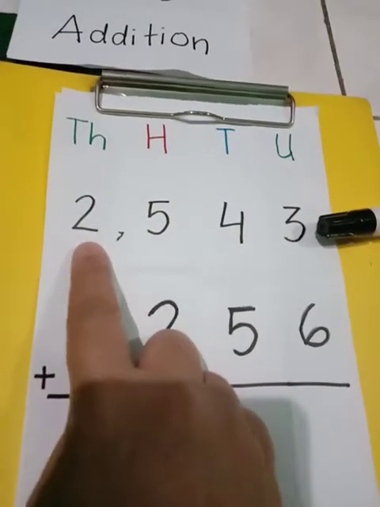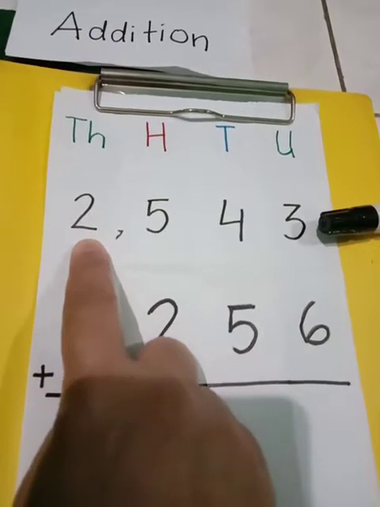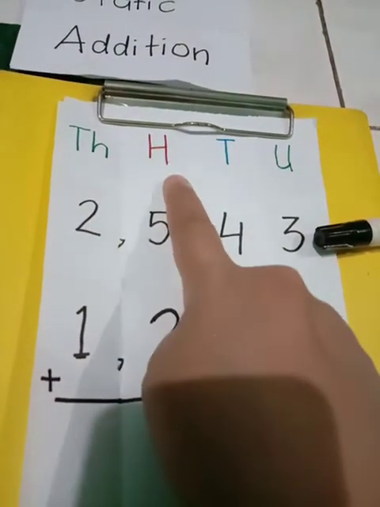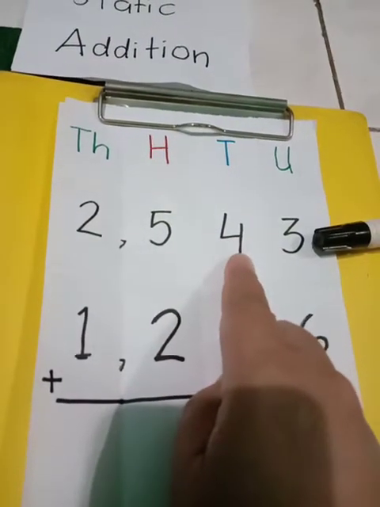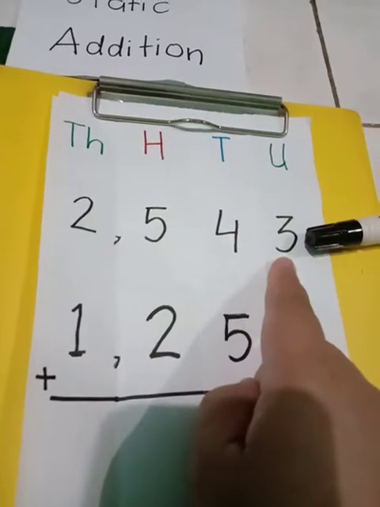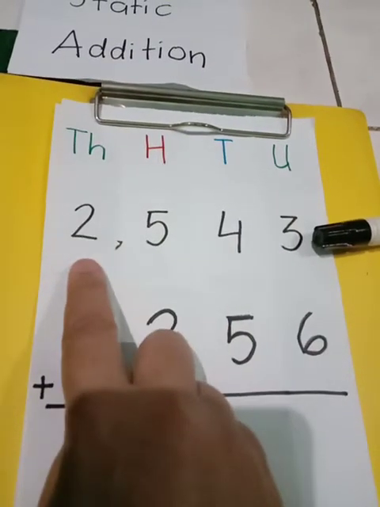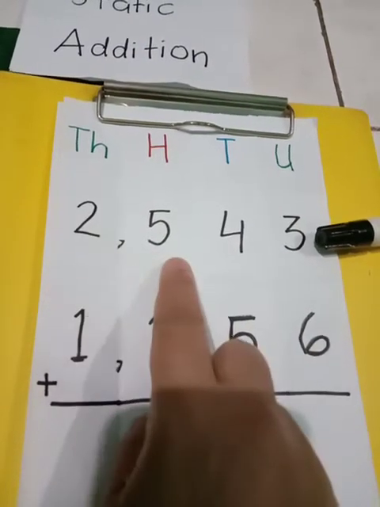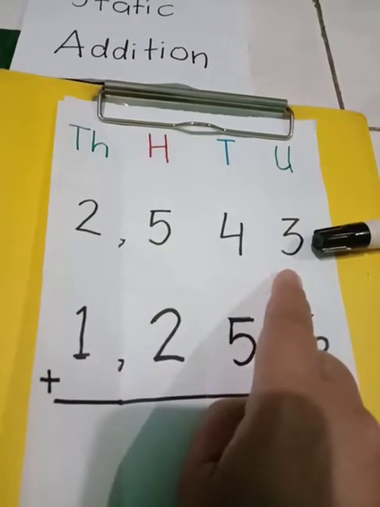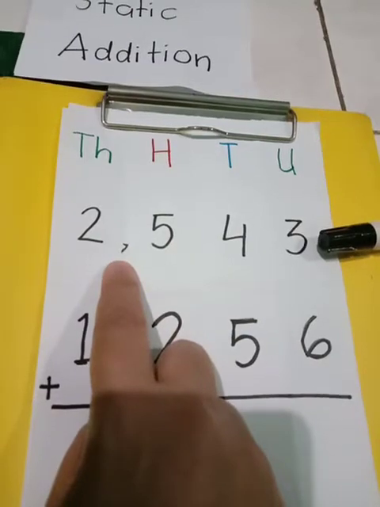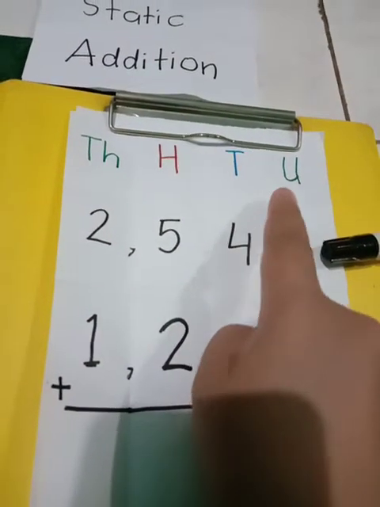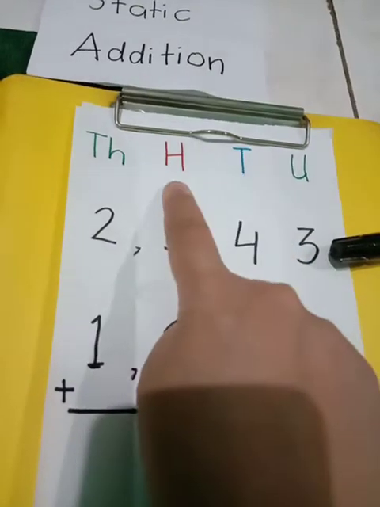So this one is, what number is it? 2500. 4 tens is 40, 43. So the first addend is 2,543. And remember to put the comma to separate the family. Do you remember the family? Unit, 10, and 100.